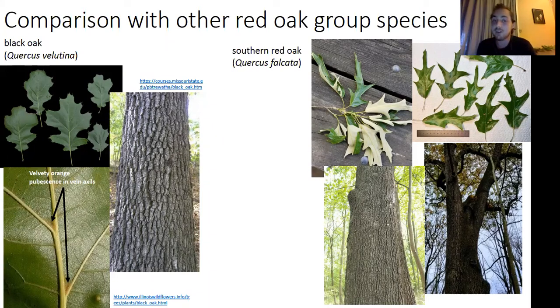Our southern red oak also has more platy bark than northern red oak, but not as distinctive as black oak. I call this one the middle finger oak because it has that really long lobe at the top tip of the leaf, which is very distinguishable from other oak species.